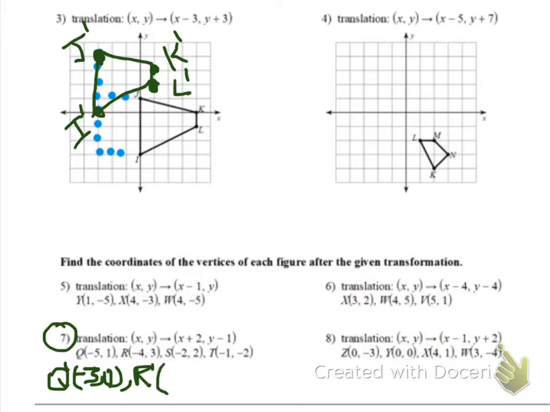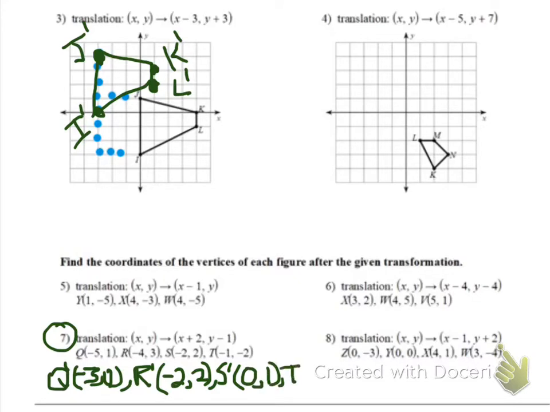R prime, I start with negative 4 and I add 2 to it, so that's negative 2. And I start with 3 and I subtract 1, so I have 2. S prime, I add 2, so I get 0, and subtract 1, I get 1.